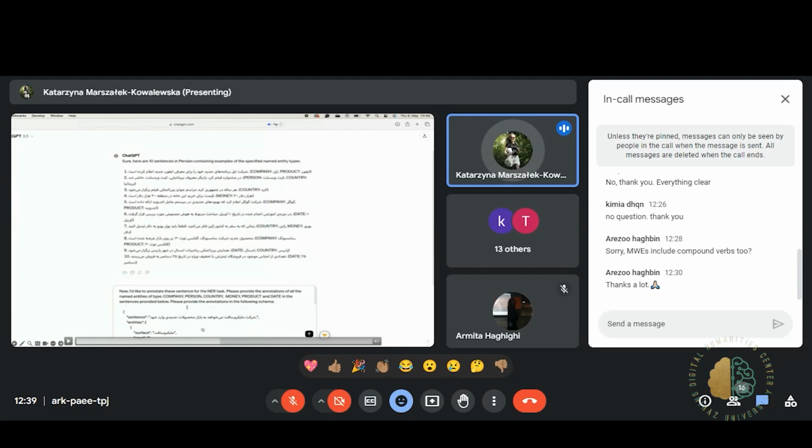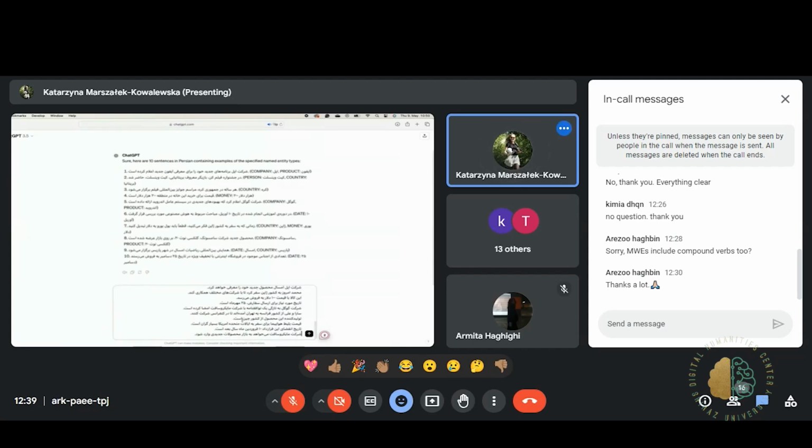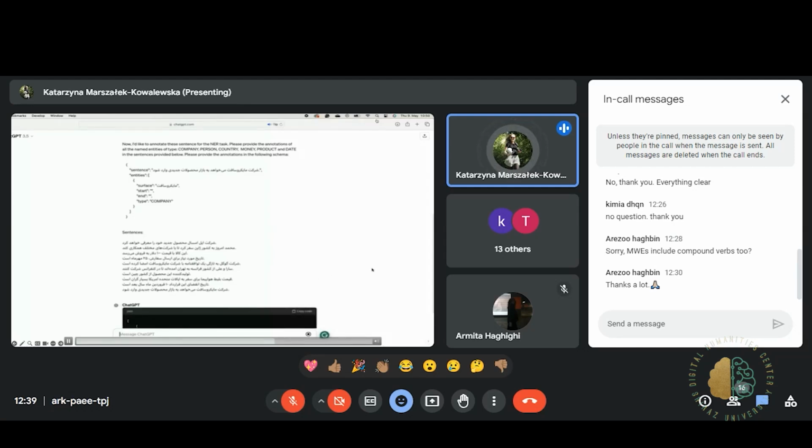And I provided an example of a schema because this is the schema I am using for my pipeline, right? So it consists of a sentence and then the entities. We provide the surface of the entity, the start, the end, and the type, okay? At the end, there are some sentences as examples, and then we ask it to do it.